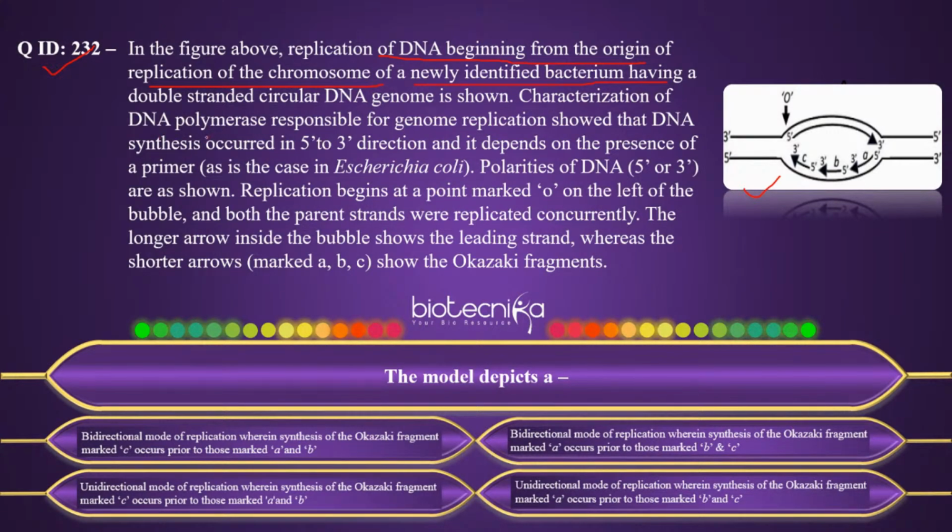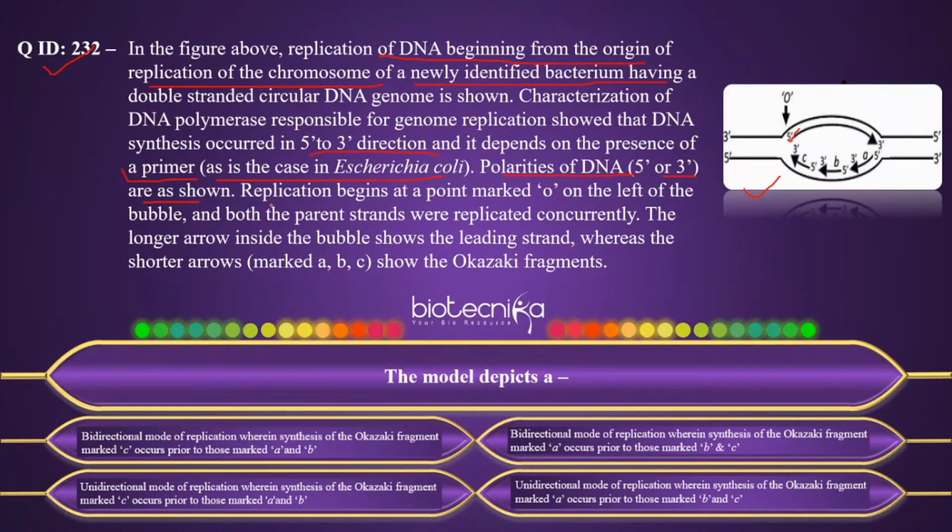The characterization of the DNA polymerase responsible for the genome replication showed that DNA synthesis occurs in 5' to 3' direction, and it depends on the presence of a primer, as in the case of Escherichia coli. Now the polarities of the DNA, 5' or 3', are shown here. This is the 5' to 3' leading strand. This is the lagging strand.